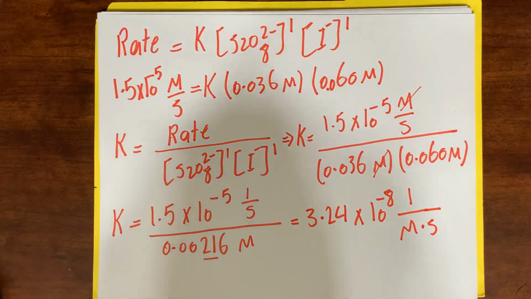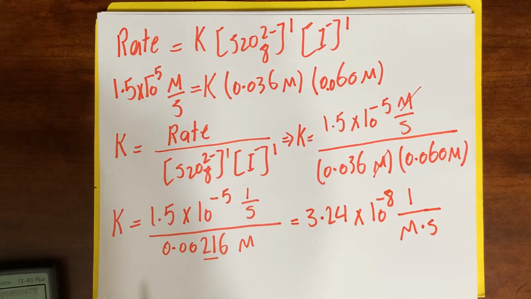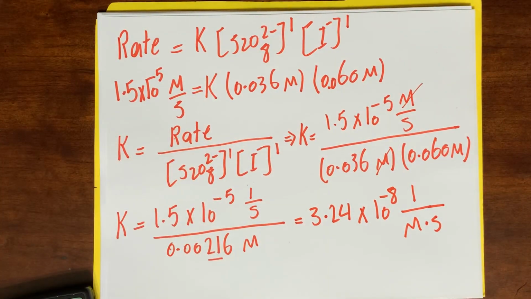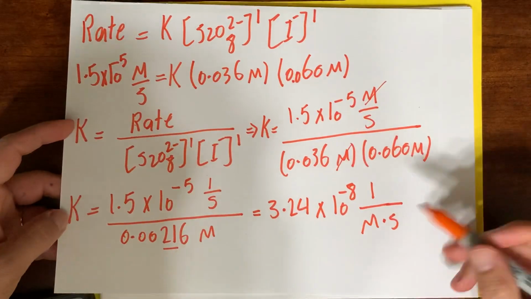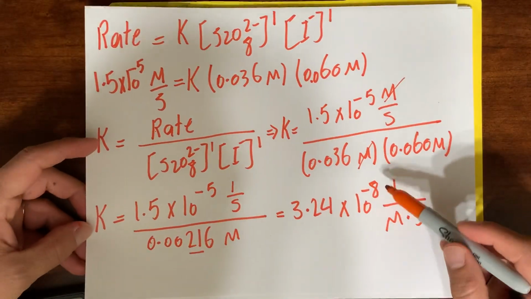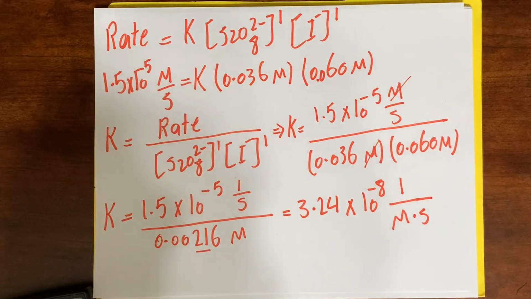This is the right unit that we got for K. So I got 3.24 multiply 10 to the power of minus 8 and 1 over molar multiply second.